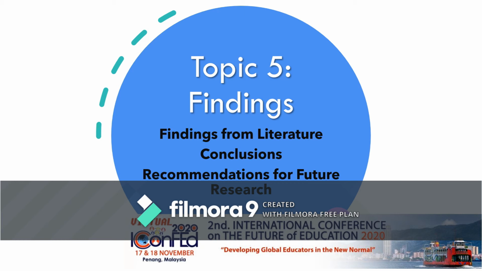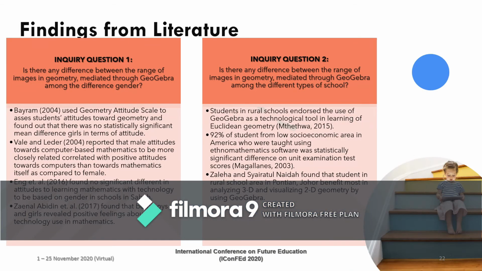Topic 5. Findings. As this is a conceptual paper, there is no data being collected. So data will be based on the literature collected. Findings from literature, inquiry question number 1. Is there any difference between the range of images in geometry mediated through GeoGebra among the different gender?